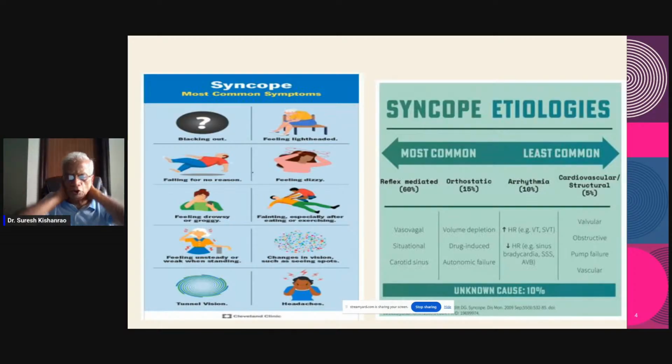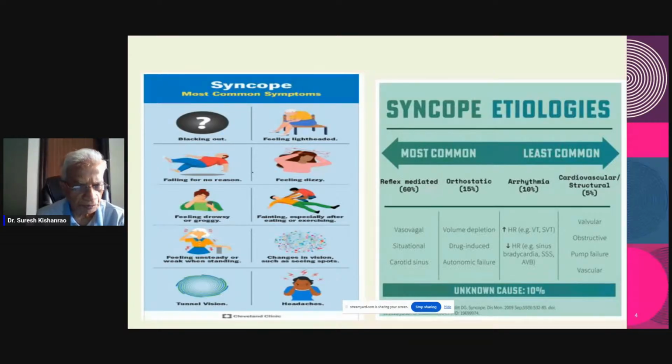This slide summarizes the common symptoms on one side and the etiologies. The commonest thing is what we call a blackout. Person suddenly feels he can't see anything. Feeling lightheaded, or sometimes falling for no reason.